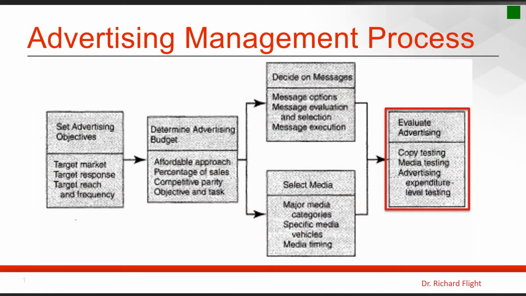All right, as we move forward, we're going to talk about evaluating advertising across a couple different periods of time. So there's a process that we're going to go through where we have an idea that we want to communicate, then we encode the idea in a message.